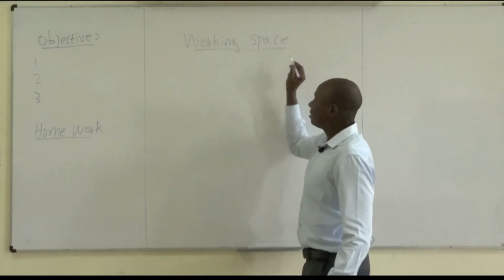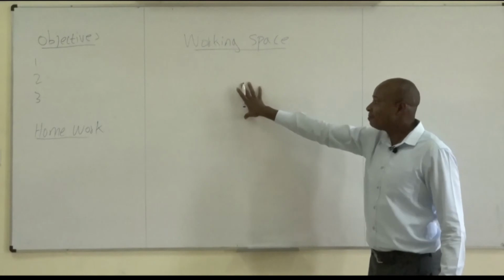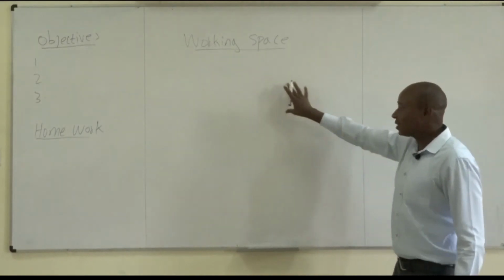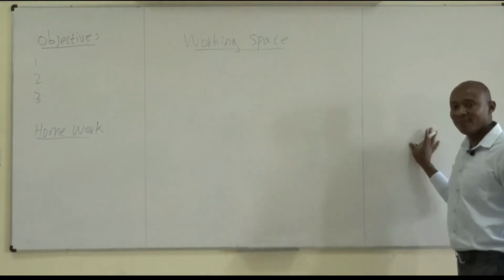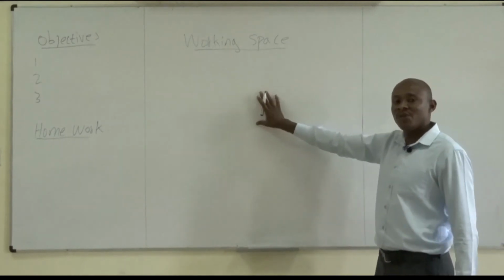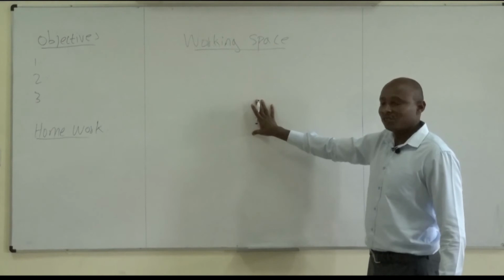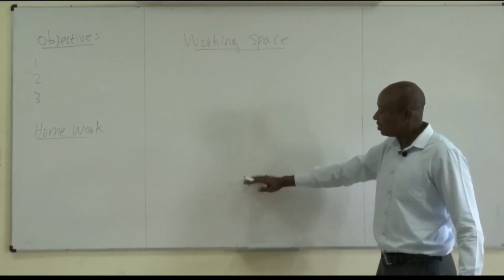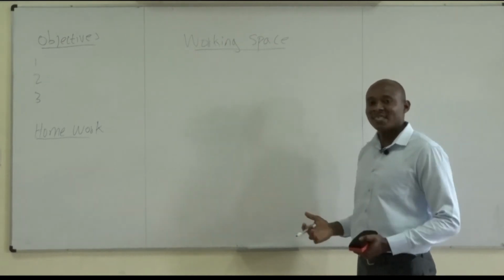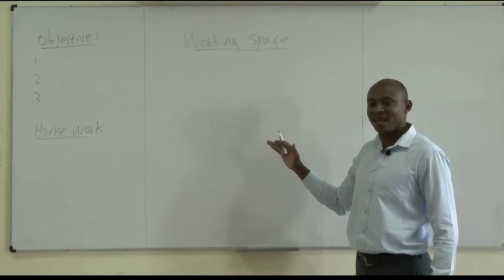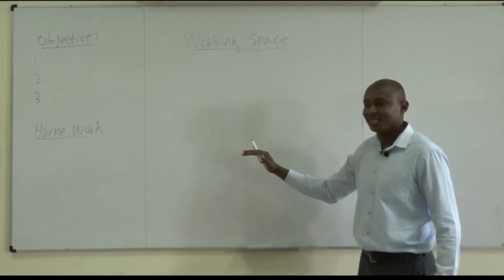Since my board is relatively small, I can also use this working space as brainstorming space, so that as the students are brainstorming, we rub what they have written or what we have used during the brainstorming session.